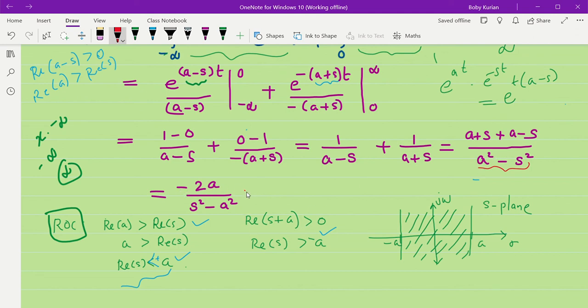This is the result, and this is the region of convergence: the real part of s greater than minus a and less than plus a. So in the s plane, the region of convergence is in between minus a and plus a. That's all about it. Thank you.